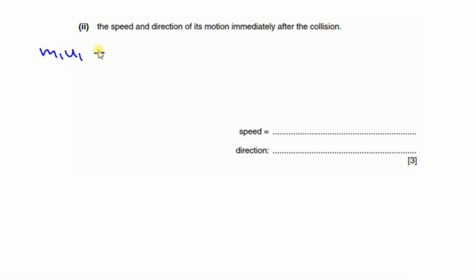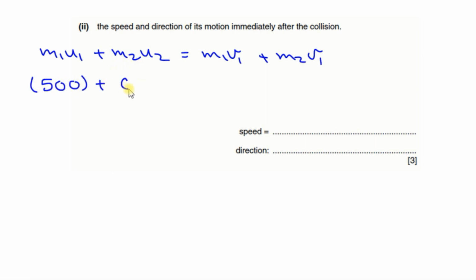Again, m1u1 plus m2u2 equals m1v1 plus m2v2. We got the first momentum already, 500, plus the second car was stationary. The first mass is 200. The speed after collision is unknown, plus the second mass is 50, and it traveled to the left by 4 meters per second.